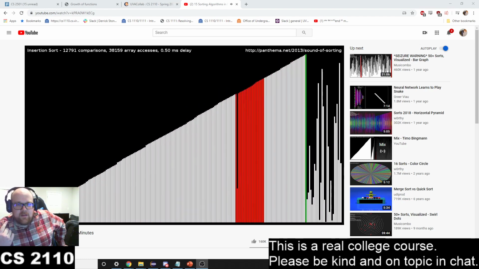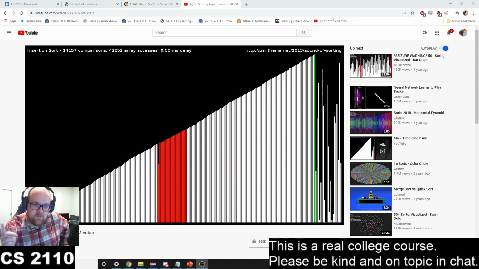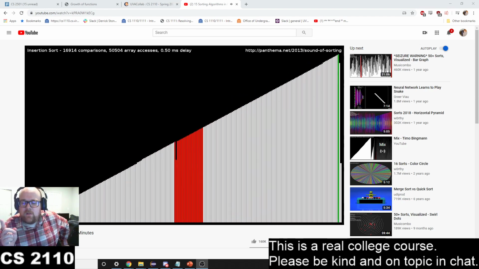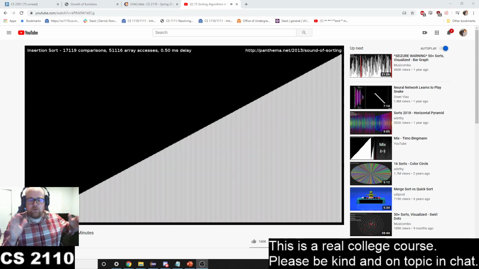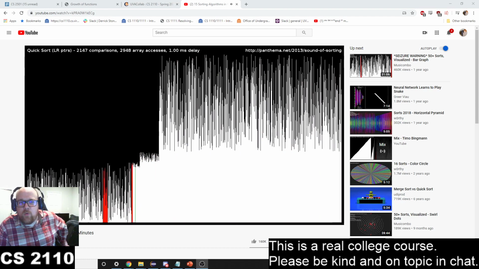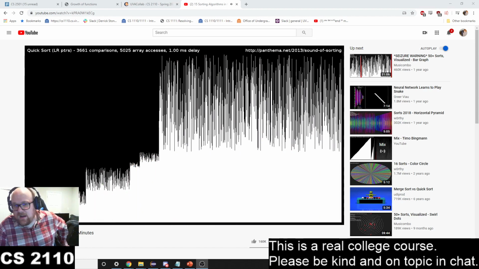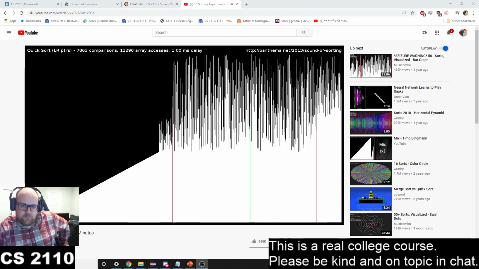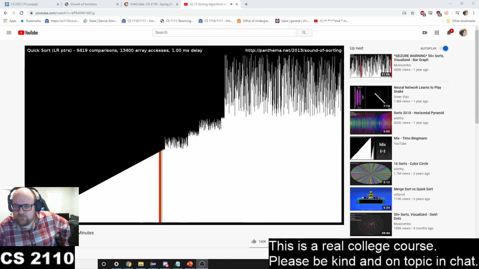You can see that what the insertion sort is actually doing is inserting the values in order as you go, but that means that the larger your sorted section gets, the longer each next step takes. This is a quick sort, which we actually won't talk about because it's a probabilistic algorithm, which is a bit weird. Also, the noises are fun.